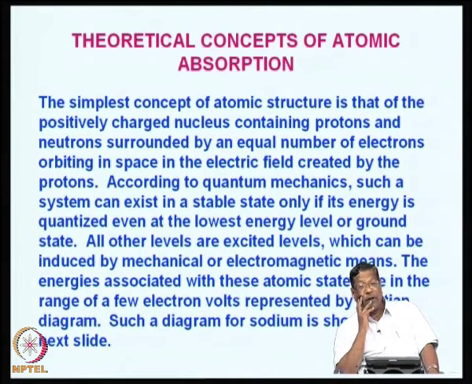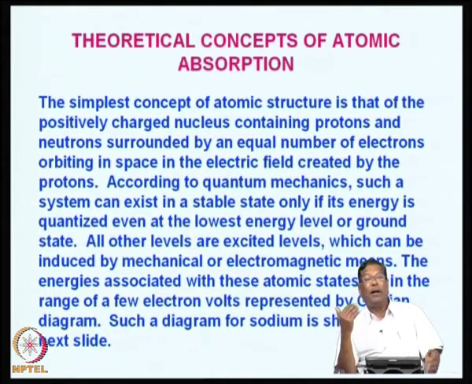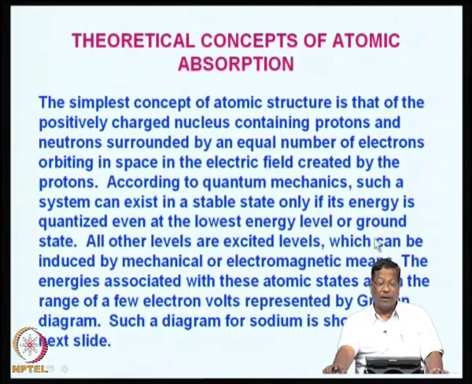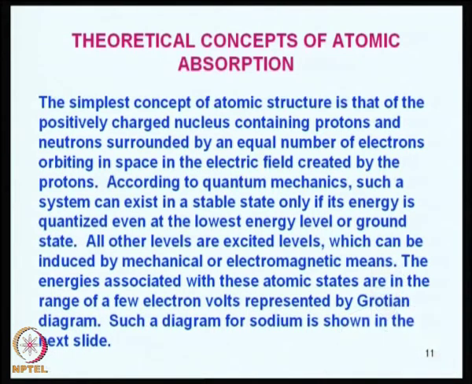Also, you can use electromagnetic radiation, make it fall on the atomic vapor and then excite the atoms. These are the things which we have discussed earlier with respect to molecules in spectrophotometry, but essentially the same discussion is taking place now. The only thing is, we are talking of the atoms now, not the molecules.